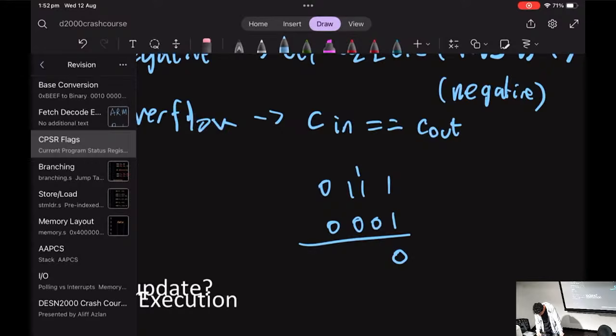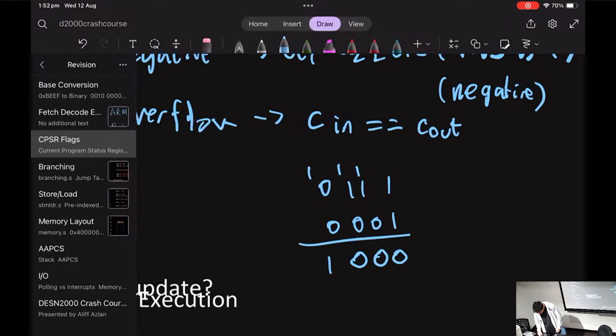Then we have 1 plus 0 plus 1, that's 1 plus 1, which is 10, so we put a 0 and we carry. Then what's 1 plus 1 plus 0? That's another 10, or 0. And then we have 0 plus 0 plus the carry bit, which is 1.